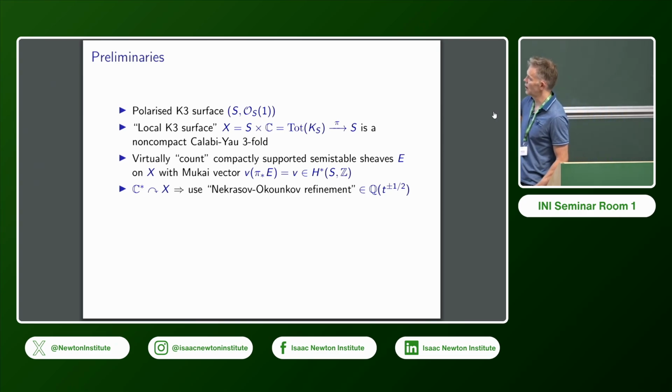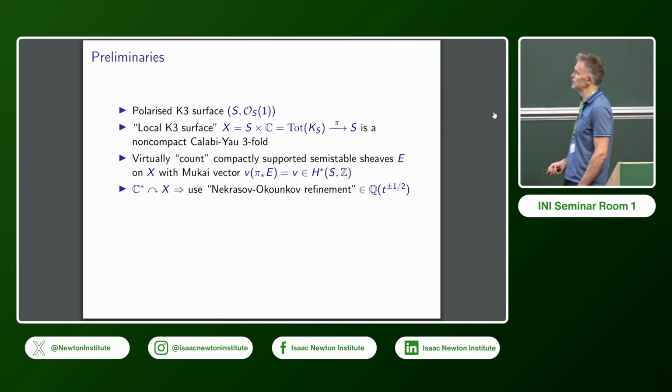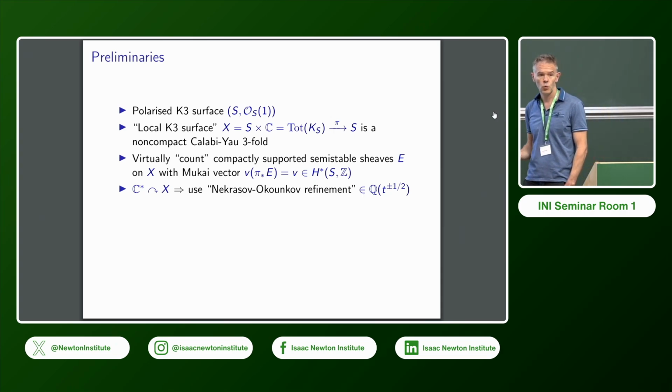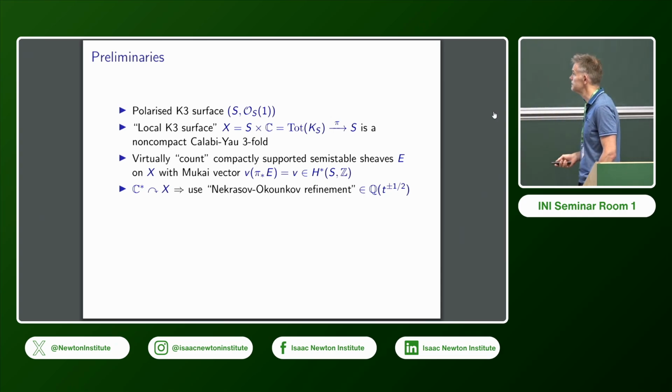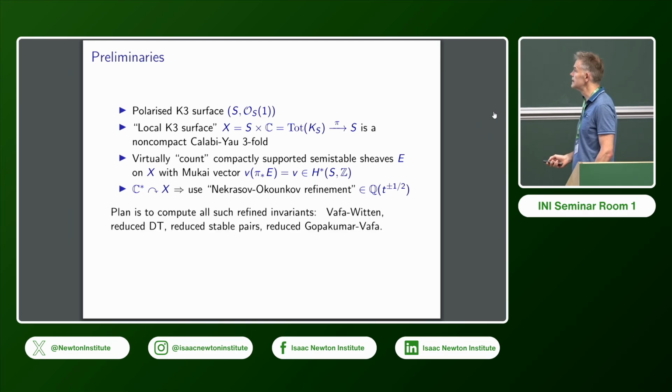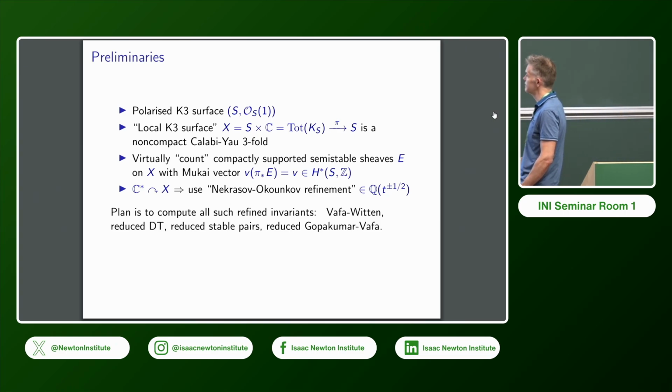But this will turn all our numbers that we get by counting into Laurent polynomials in a variable t to the half. t is the standard weight 1 representation of C star, which are actually invariant under t to the half goes to t to the minus a half. Actually, they're not Laurent. No, they're rational functions. Rational functions in t to the half.